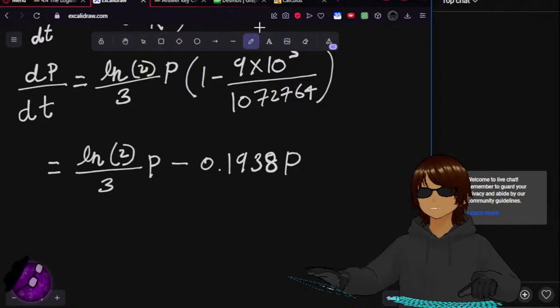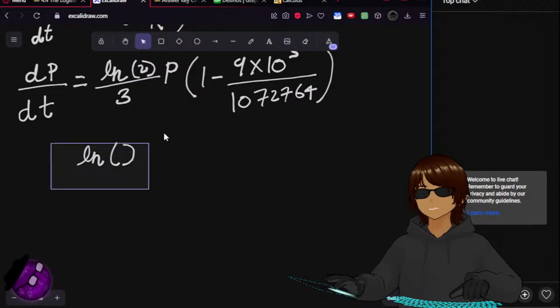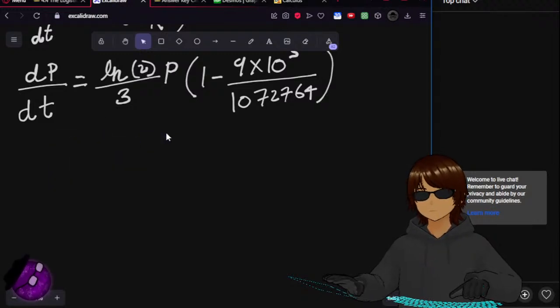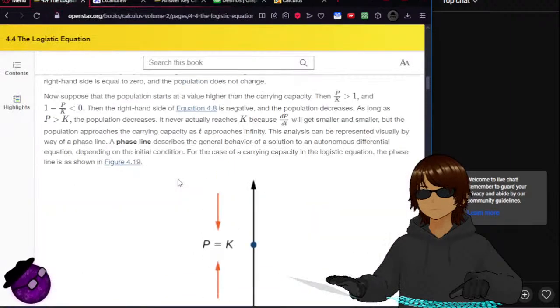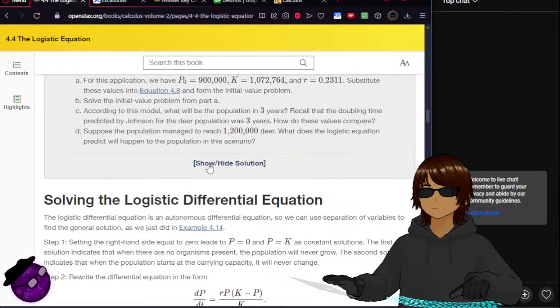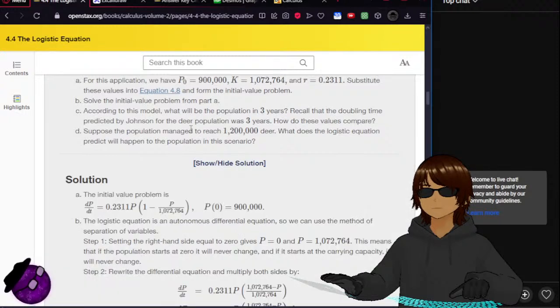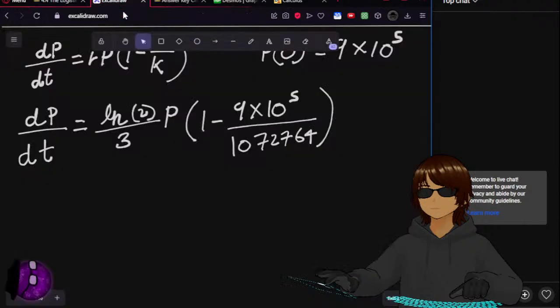No, I don't think I'm supposed to do this. I'm supposed to simplify the above. Or, wait, hold on. No, I made a mistake.